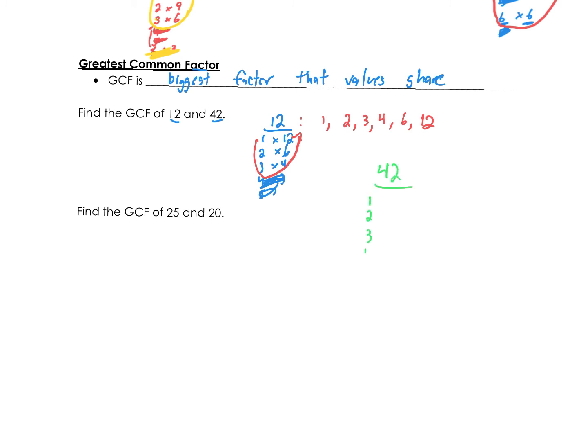If you're nice and neat, sometimes on long assignments, you'll already have 42 written somewhere. 1 times 42, 2 times 21, 3 times 14, 4 times nothing, 5 times nothing, 6 times 7, 7 times 6. Oh, we got a repeat. We're done.